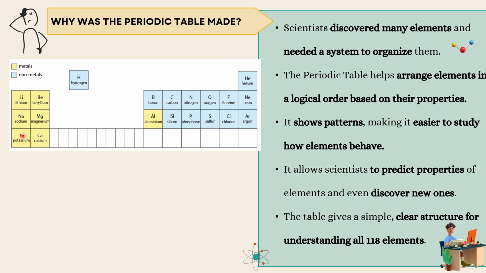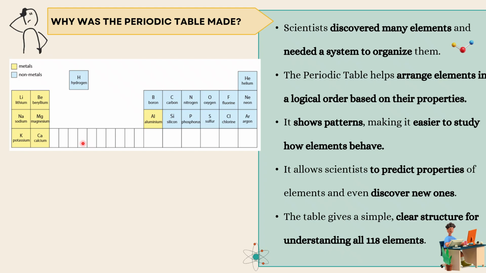Since it followed a proper pattern, we were able to predict the properties of the new elements that have been discovered. So this was the easiest way to arrange the elements. Yes, indeed, there were many attempts made to make a proper periodic table. We will not be discussing the different steps that were taken earlier.